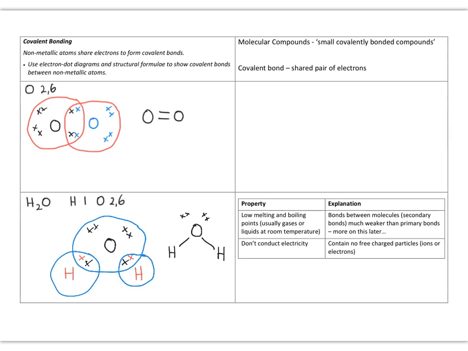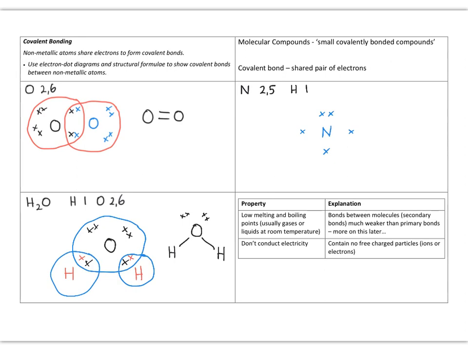Let's do one more example. Let's say we have nitrogen, which is 2, 5, and we have hydrogen, which is 1. I'm not putting the formula here because I'm showing you can actually use this to work out the formula. If we've got a nitrogen in the middle, it's going to have 5 electrons surrounding it. It wants to get to 8, so it wants 3 more.